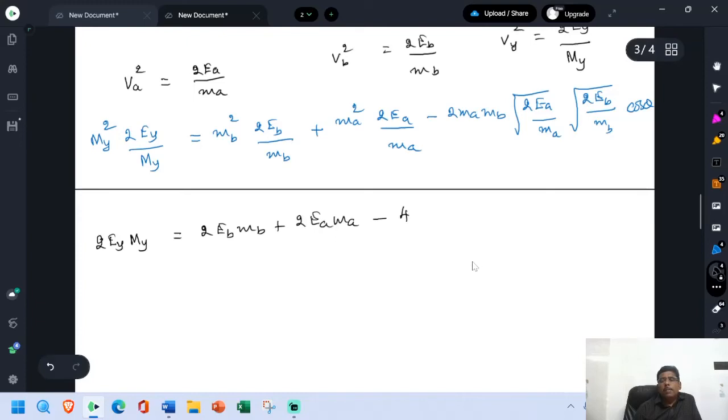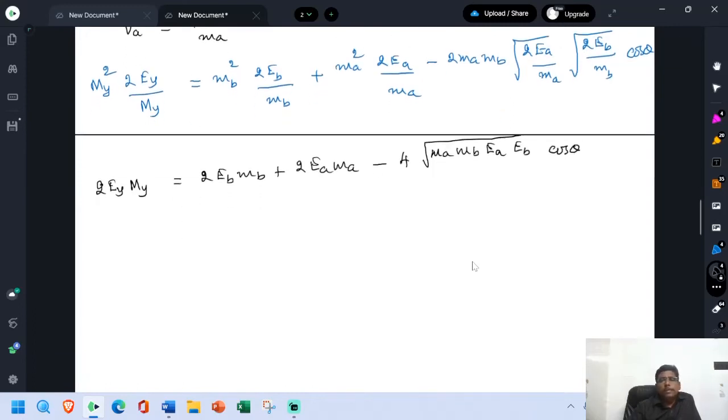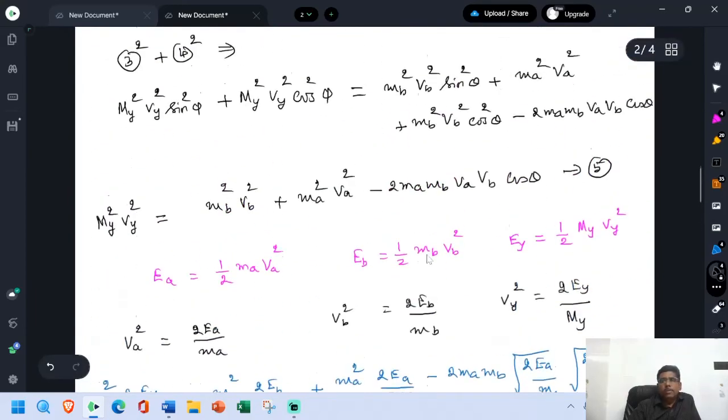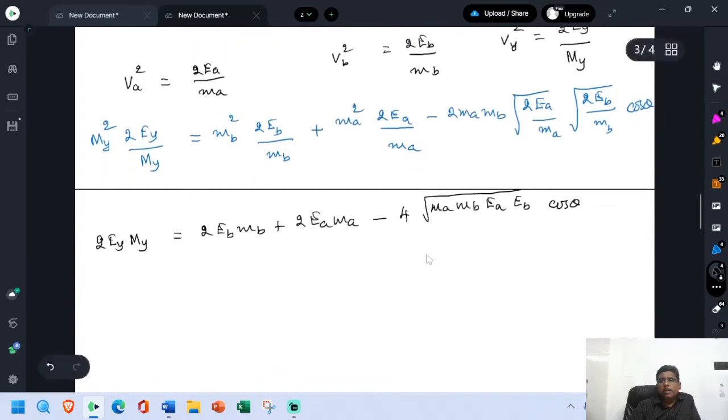Here Ma and Mb are outside the root, and here Ma and Mb are inside the root. Therefore, this is Ma, Mb, Ea, Eb inside the root. The entire term is multiplied by cos theta. This is equation number 6.